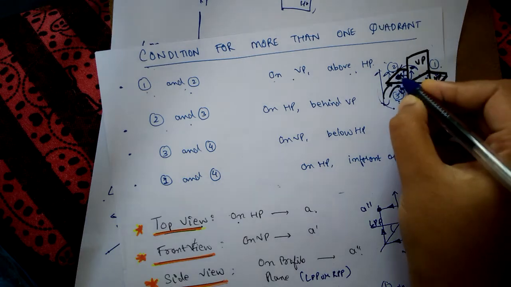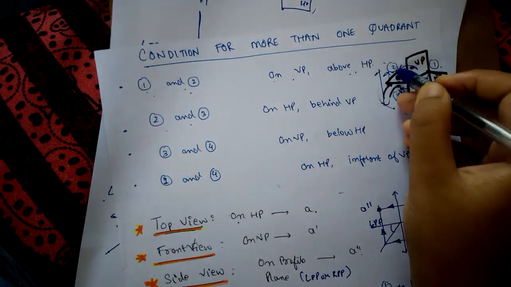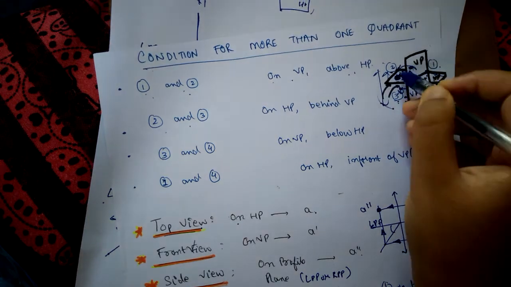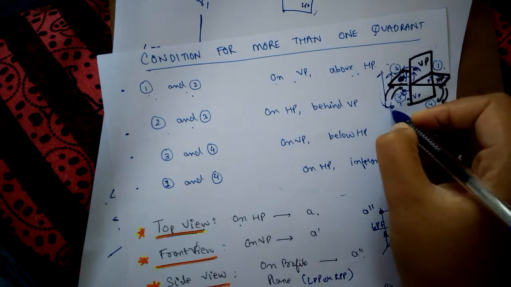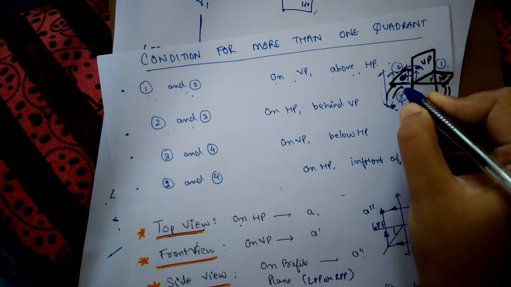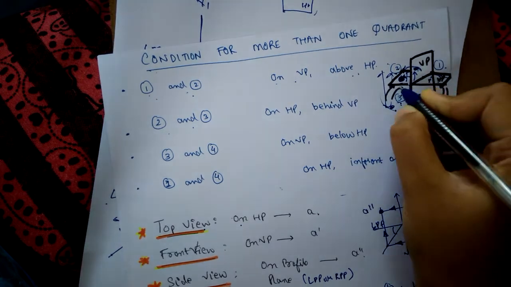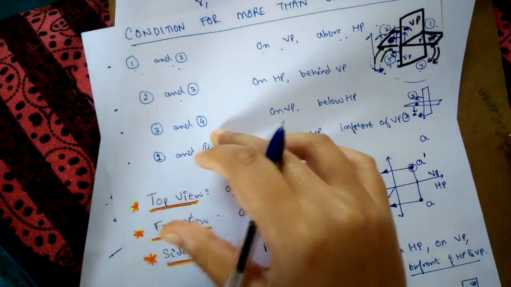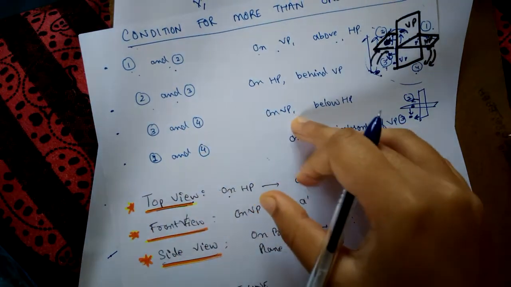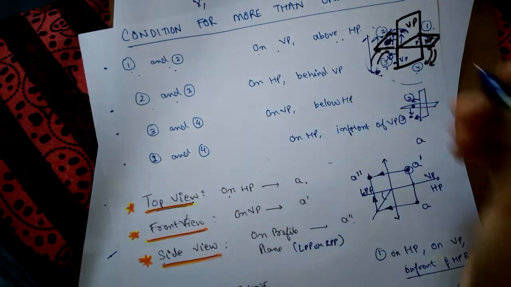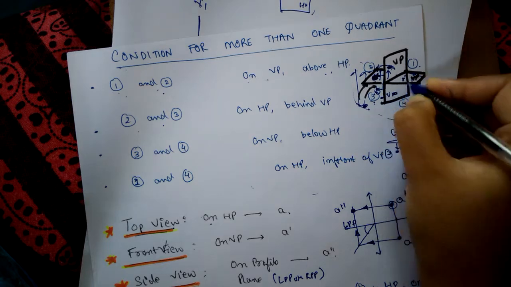When an object is on HP in the second quadrant, it is on HP, behind VP. Similarly, for the third quadrant, if the object is on HP, then it would be behind VP. For third and the fourth quadrant, anything will be on VP but below HP.